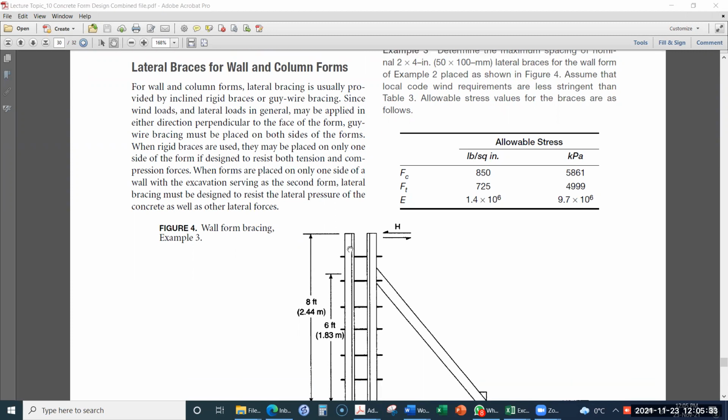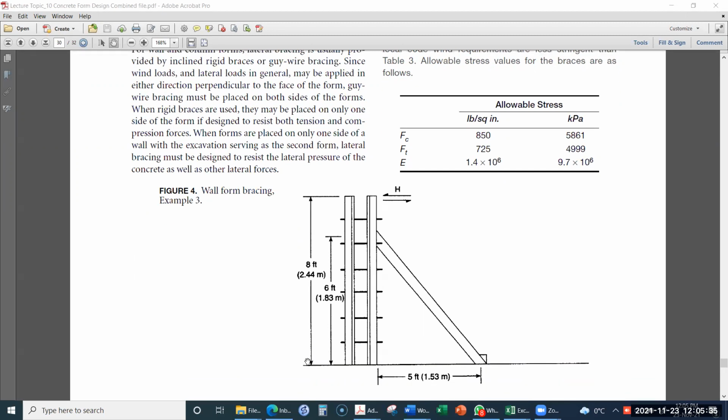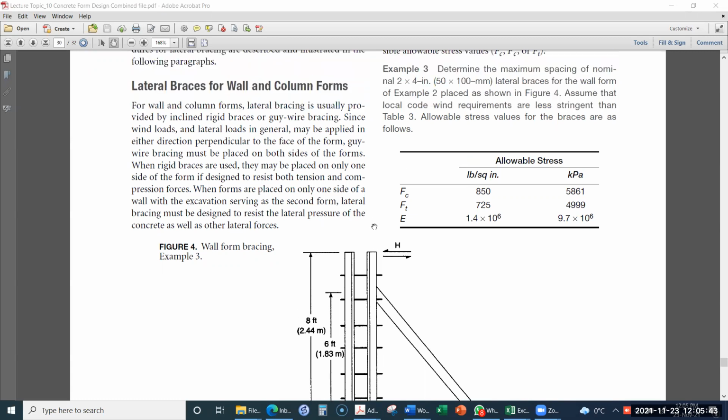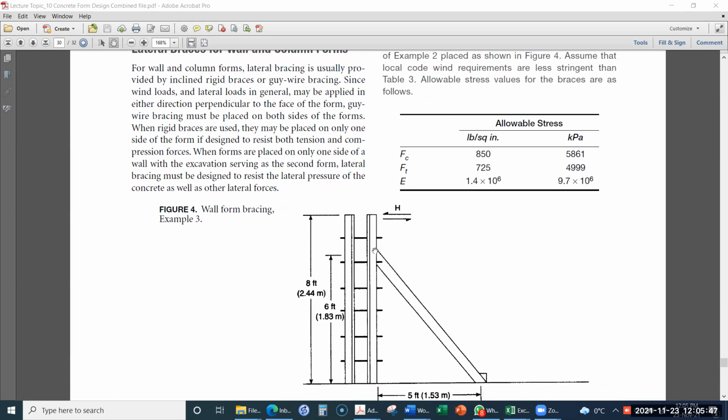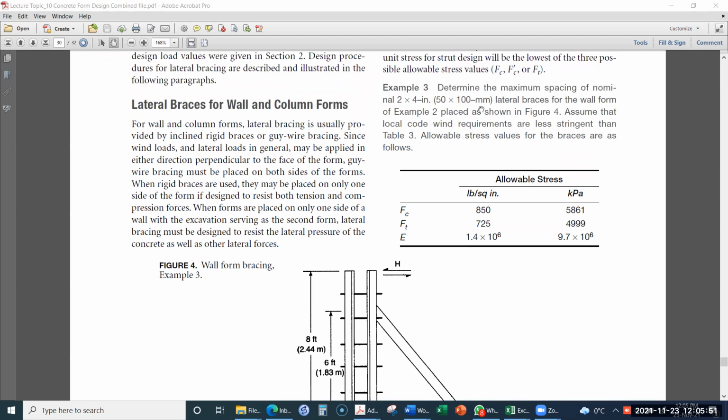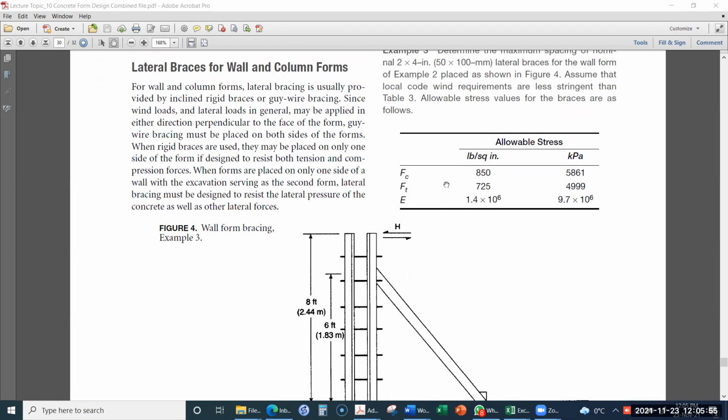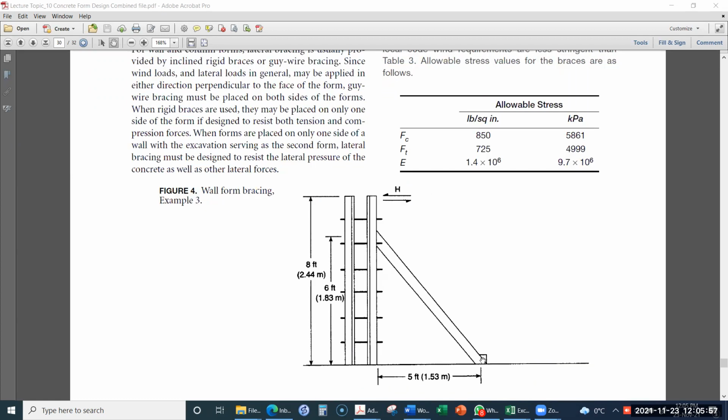In example number 2, we looked at the wall with a height of about 2.44 meter. The same wall we are considering over here, and this wall is to be supported by 2 by 4 inch lateral brace. This lateral brace is supported on the ground, and then on the wall it is to be supported.